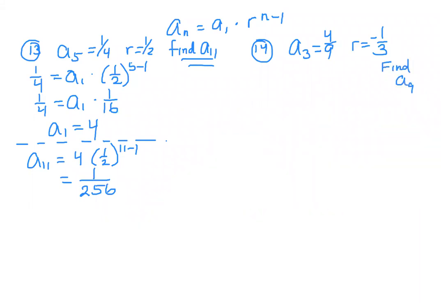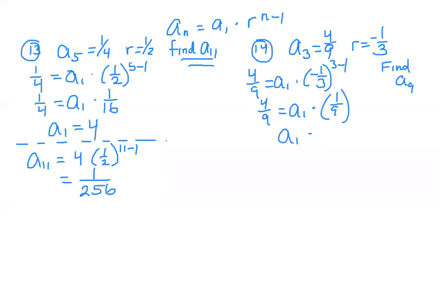We first have to find a1, so we're going to say 4/9 equals a1 times negative 1/3 to the 3 minus 1. So this is going to be 4/9 equals a1 times negative 1/3 squared, which is 1/9, and so a1 becomes 4.